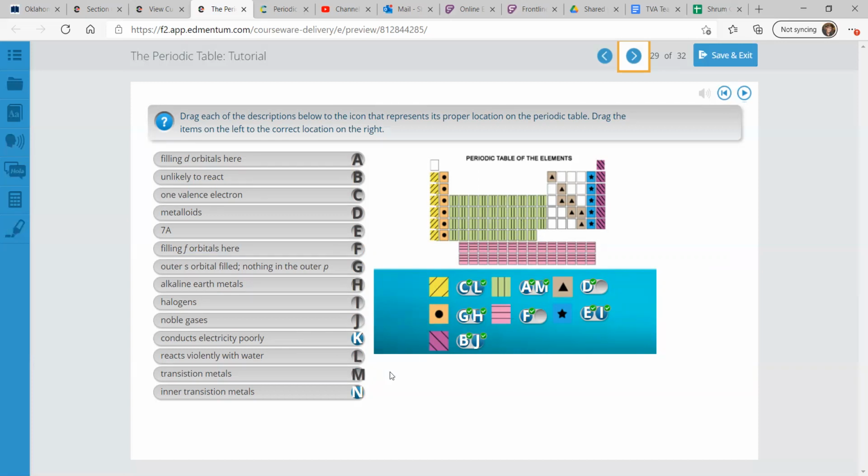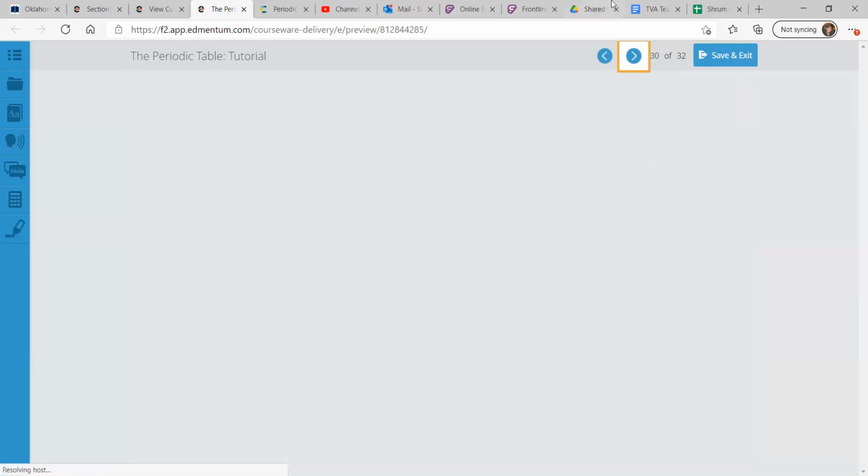This group here. Inner transition metals, be those guys down here. And then metalloids, it says conducts electricity poorly. I don't agree with that. It just conducts less well than metals, but better than insulators. So I don't know if that's too accurate here.